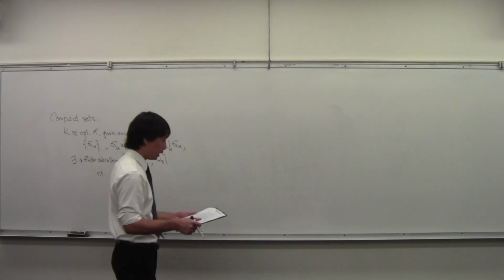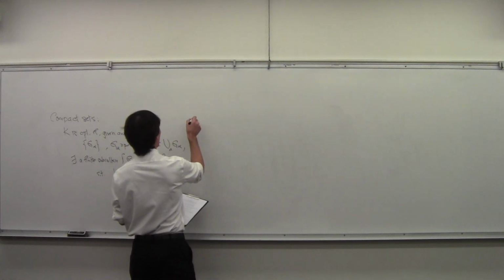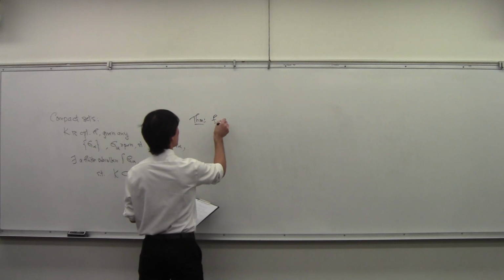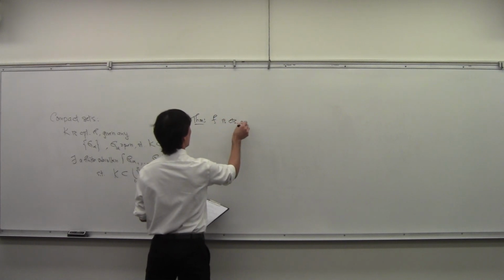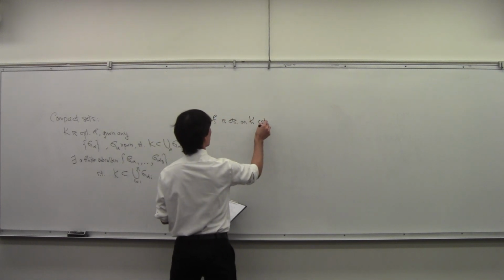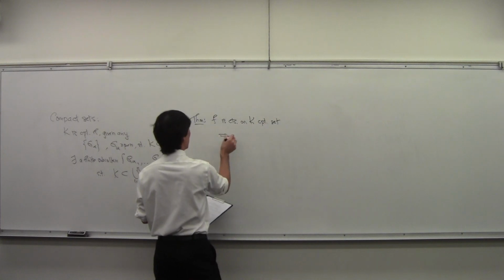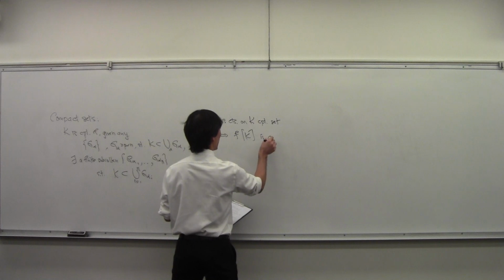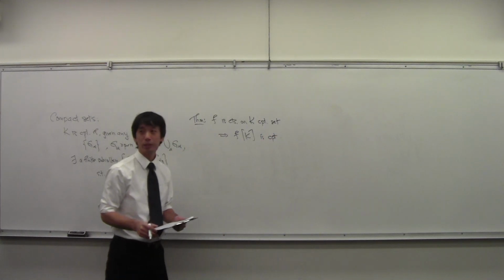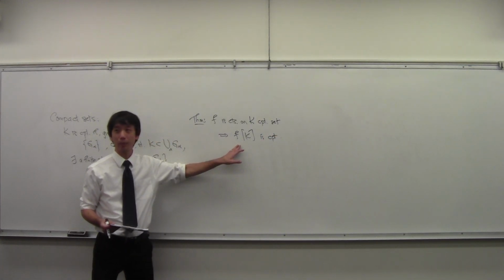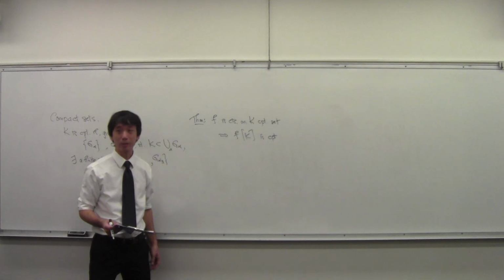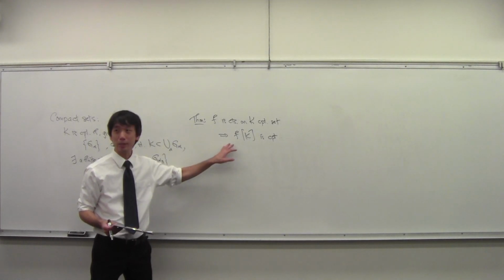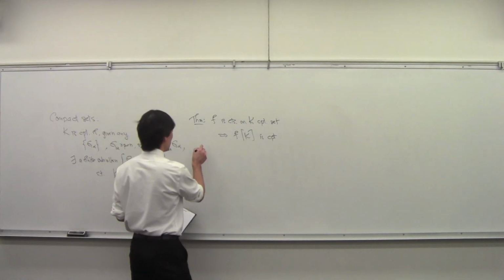Okay. So one of the problems that I had you do for your homework was the following: if F is continuous on K, a compact set, then F of K is itself compact. Okay. The continuous image of a compact set is itself a compact set.